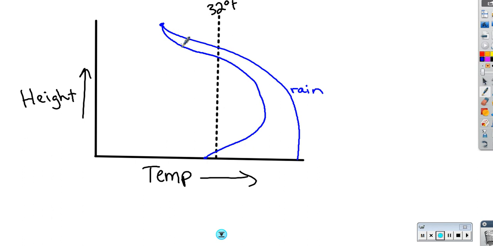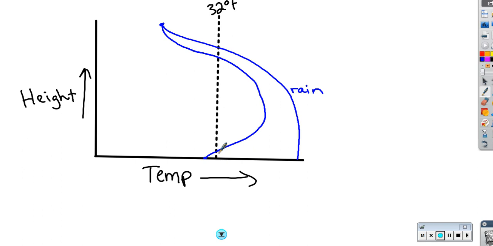So let's think about what's happening here. It's here, it's still snow, it's still frozen precipitation, but when it reaches this point, it melts. So for most of its journey down, it's rain, and it's very close to the surface before the air temperature is cold enough for water to freeze.